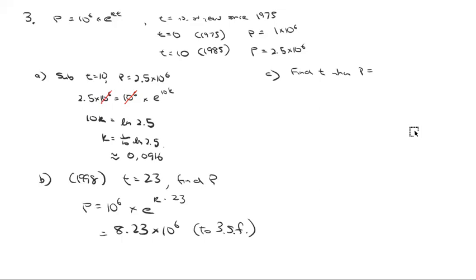Simply go, well, we've got 10 million equals a million times e to the kt. So in other words, e to the kt equals 10. In other words, kt equals log 10. In other words, t must equal 1 over k log 10.